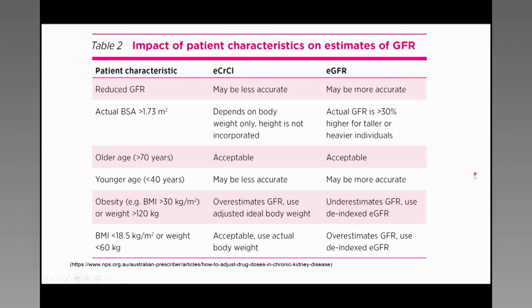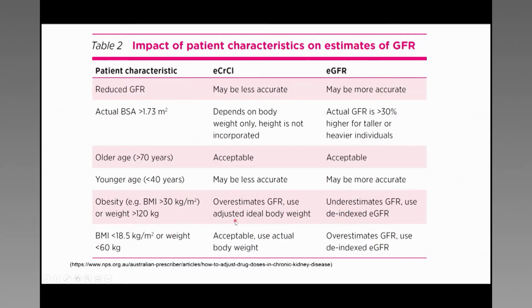But what I think is more important is that if someone has a particularly high BMI, for example, a weight greater than 120 kilos, which is about 250 pounds approximately, or a weight less than 60 kilos, which is about 130 pounds, or a BMI less than 18.5 kilos per meter squared, then we need to consider other alternatives. And that's where for GFR, we do a de-indexing of the GFR.